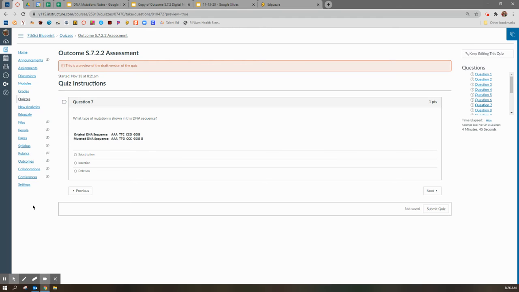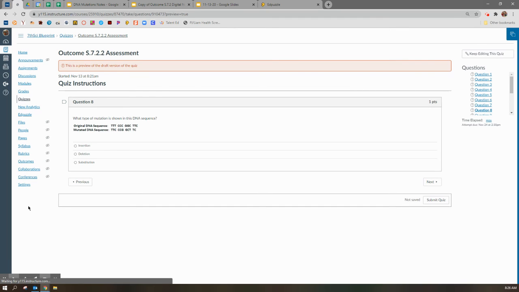Is it substitution, insertion, or deletion? Question 8. What type of mutation is shown in this DNA sequence? Is it insertion, deletion, or substitution?